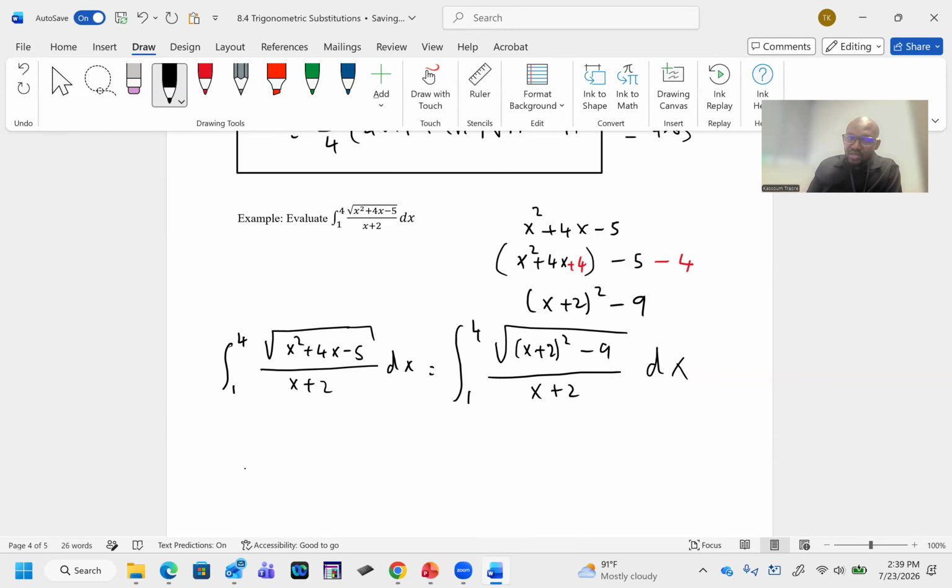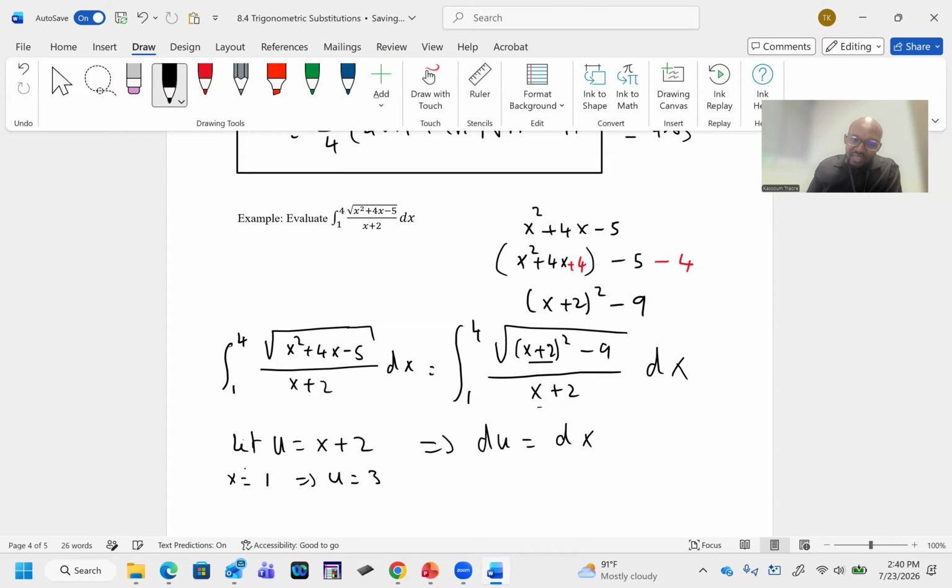So you can see I can use a u substitution now, because this is what is under the parentheses, and that's the same thing I have on the denominator. So let's say let u be equal to x plus 2. Then of course we know du will be dx, but the limits of integration also will be changed, because if x is equal to 1, then u will be 3.